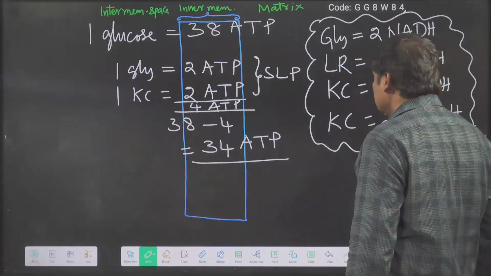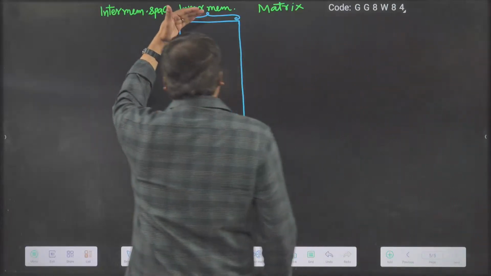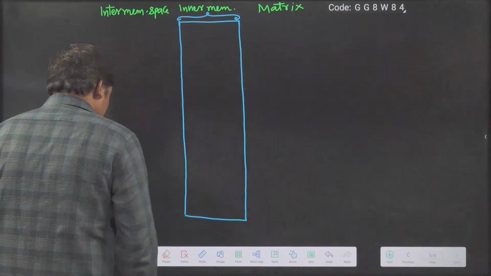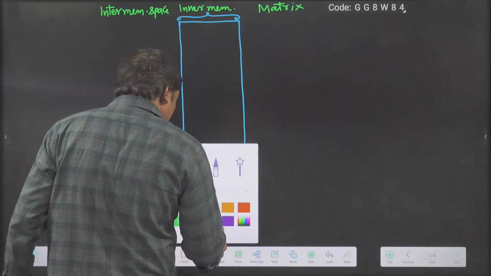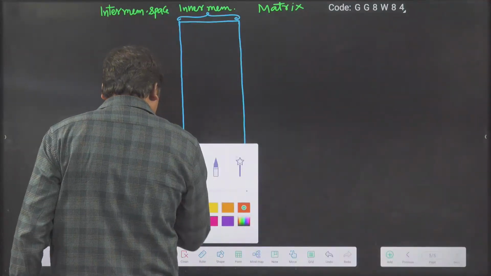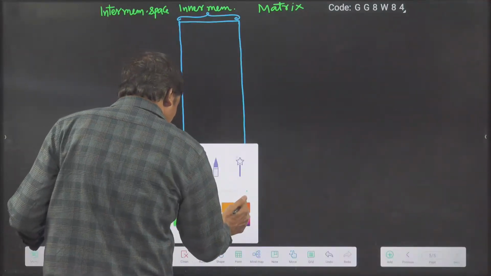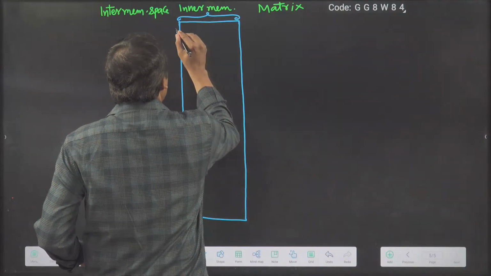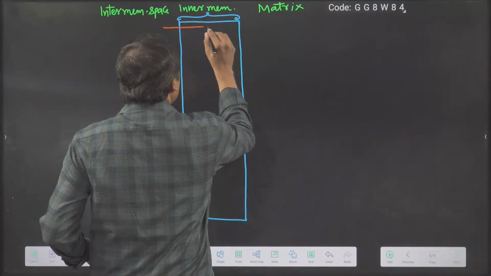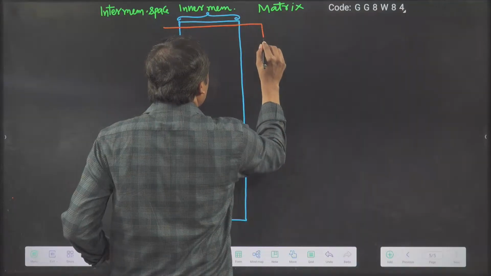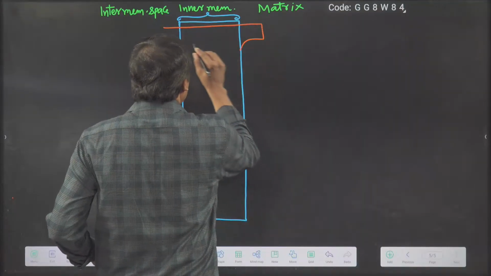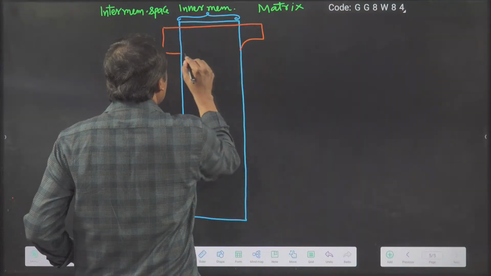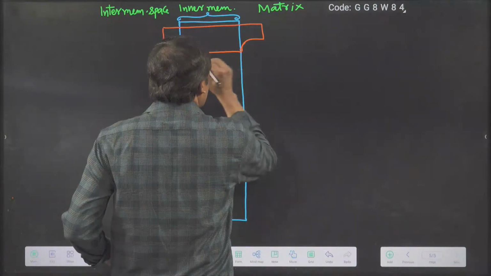Now, on the inner membrane, 5 enzyme complexes are present. First one. See, this is the complex 1.